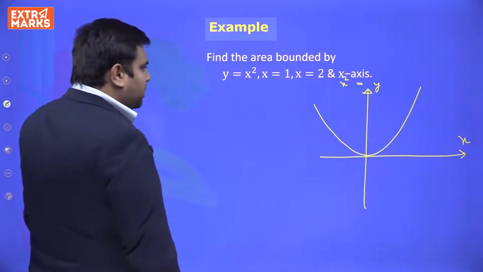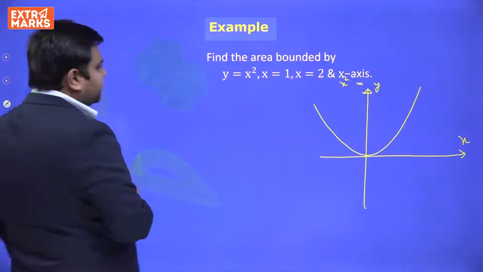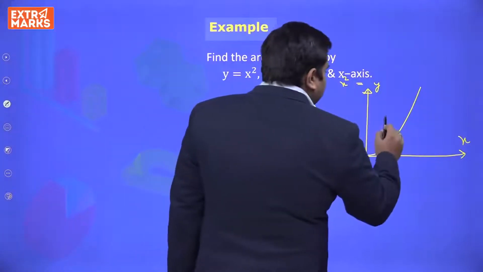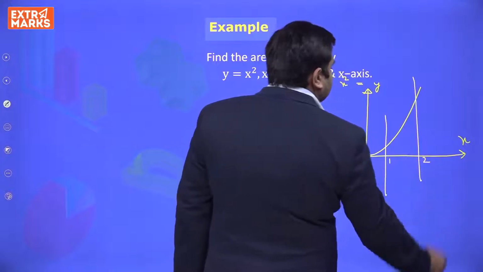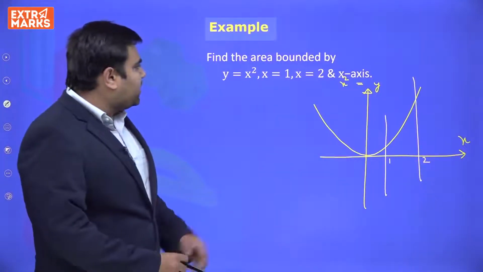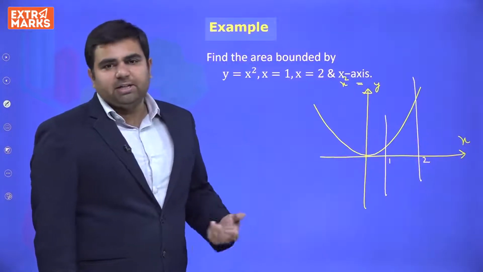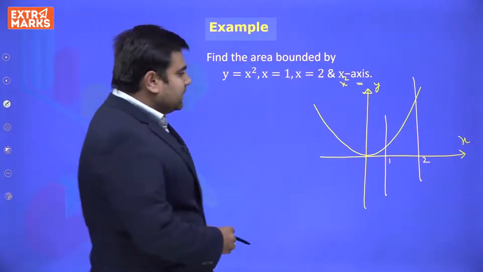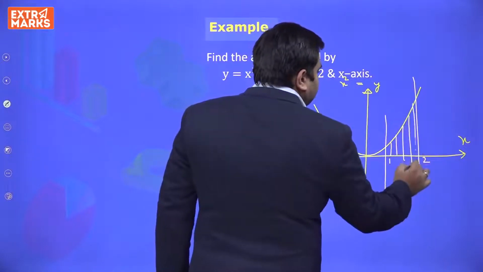Now between x equal to 1 and x equal to 2, we need to find the area bounded by x square, x equal to 1, x equal to 2 and the x-axis. So this would be the area bounded by the curve.